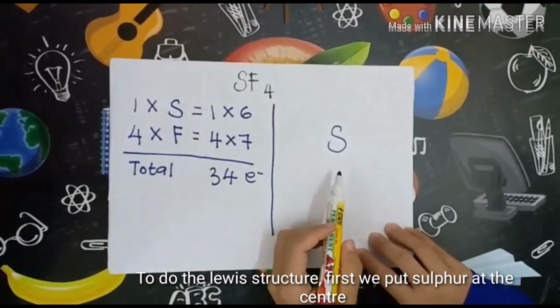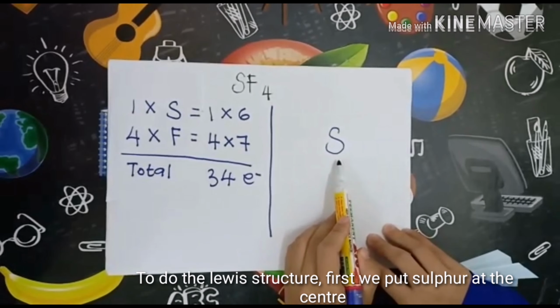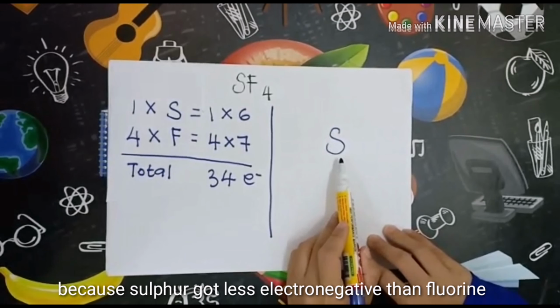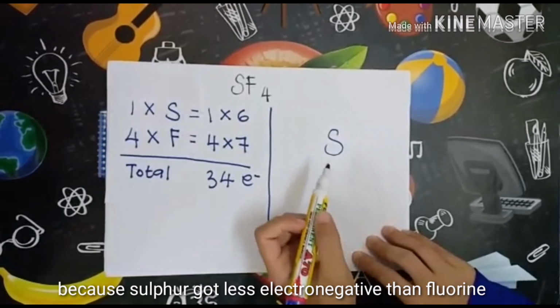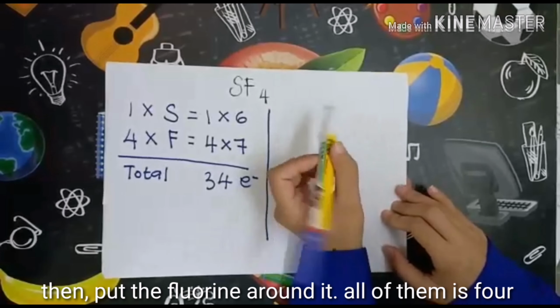To do the Lewis structure, first we put sulfur at the center because sulfur is less electronegative than fluorine. Then put the fluorine around it.